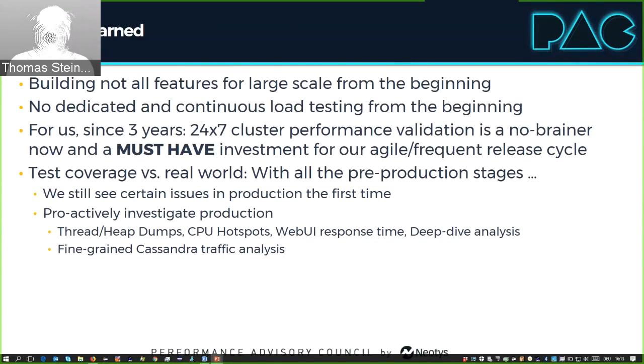What the performance engineering team is doing together with DevOps is really proactively investigating production, not at the point when something already went wrong. It's usually late. But for instance, if we see some uncertain or weird CPU patterns, then we do some deep dive analysis beforehand, before something bad really happens.